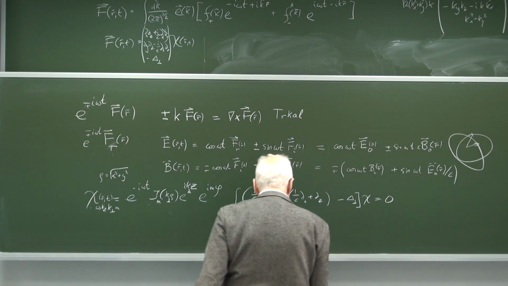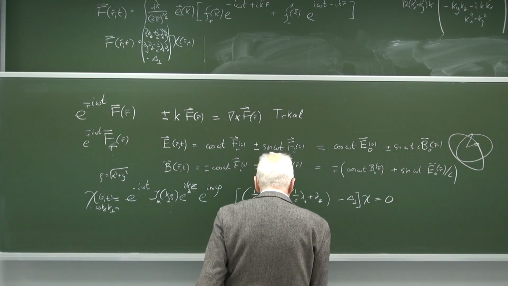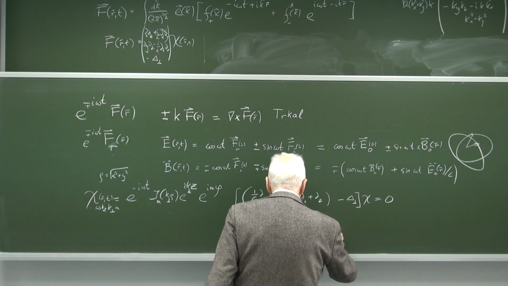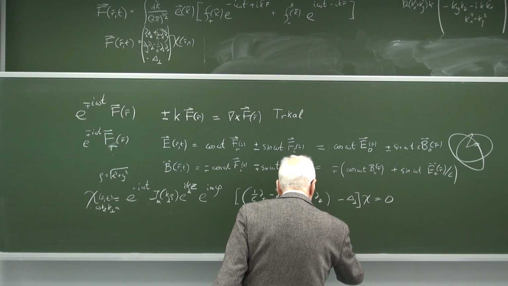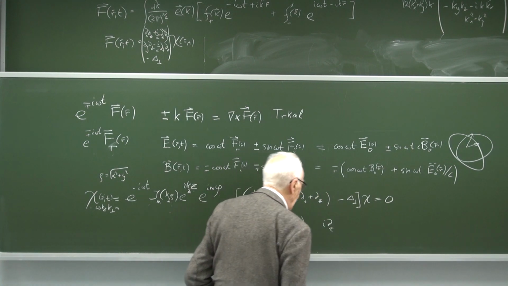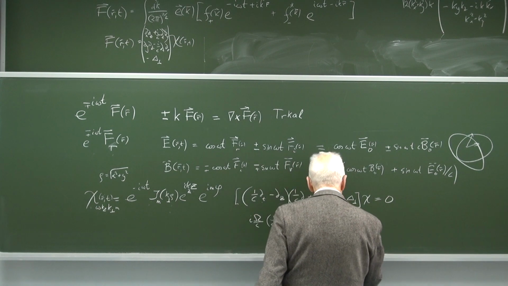And after that, you notice that lo and behold, we get a Schrodinger-like equation. I leave the derivative with respect to tau on the left-hand side.